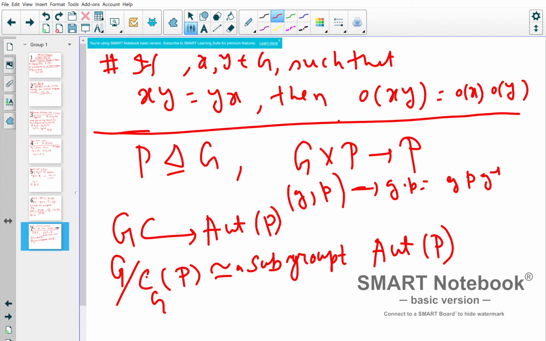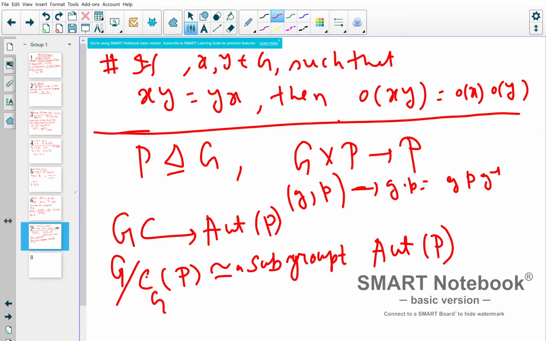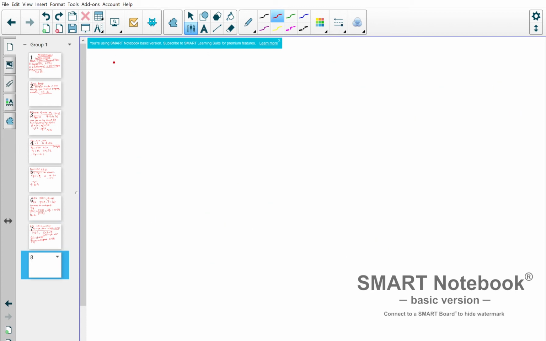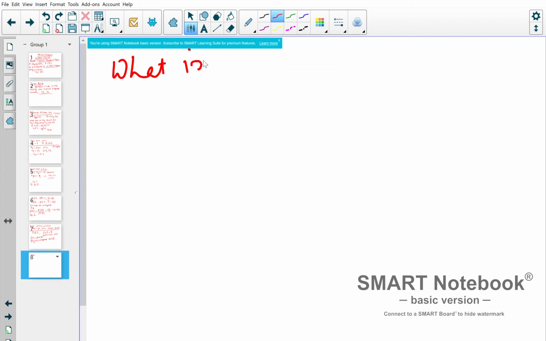Okay, so what is this? This is the automorphism group of P. So what is this group? Let us see. What is the automorphism group of P? This is the question, and we have already discussed this problem.